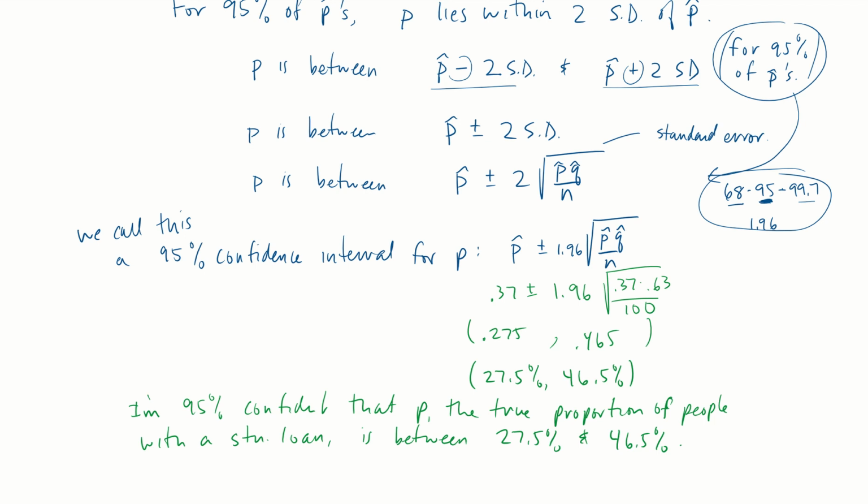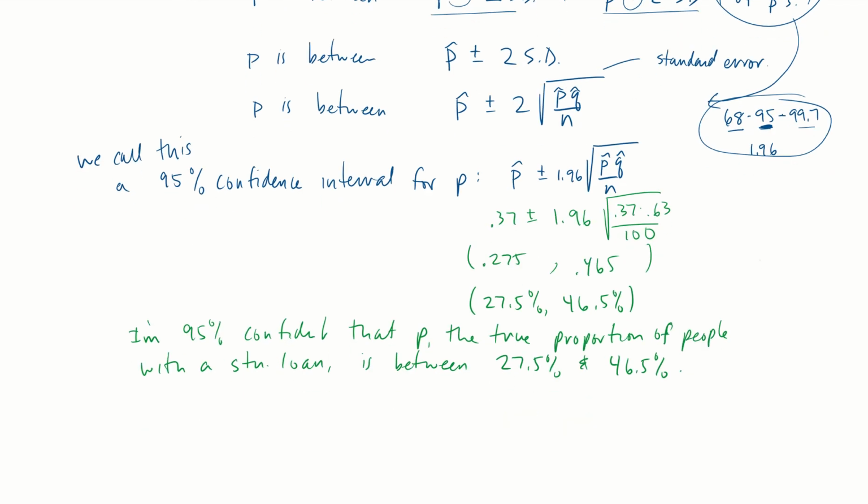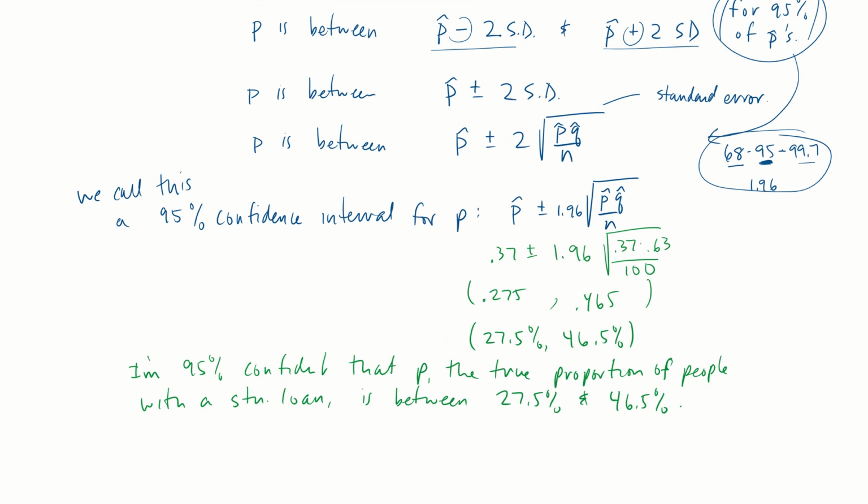Okay. Now let's ask the question: is that a good thing? Well, yeah, 95% confidence is pretty good, but your confidence and my confidence don't necessarily mean the same thing, do they? I might be really confident of something and you wouldn't be.